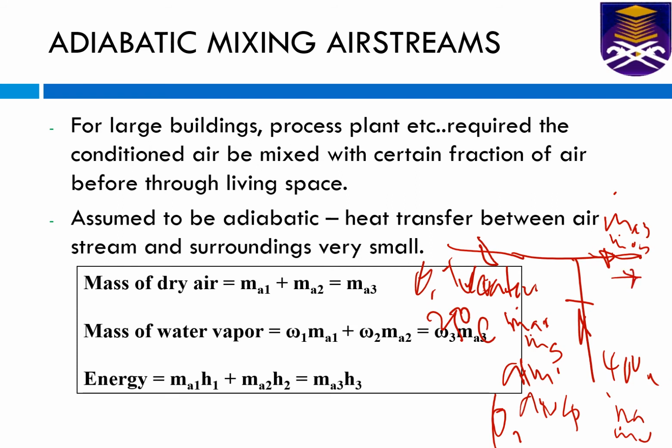This is the mass of dry air, where you have m dot A1 and m dot A2 coming together to give m dot A3. And the mass of the water vapor is omega 1 m dot A1 and omega 2 m dot A2, coming up with that one. Then you can also do the energy balance, with h1, h2 and h3.